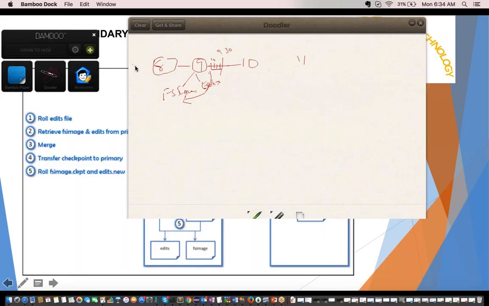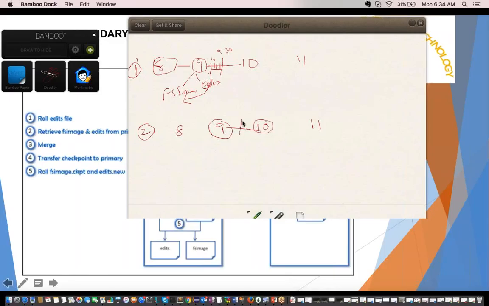I have configured 8 o'clock, 9 o'clock, 10 o'clock, 11 o'clock, and so on. Let's assume till 9 o'clock it is merged successfully, and I started doing some transactions. The next merge will be at 10 o'clock. My system fails at 9:30.